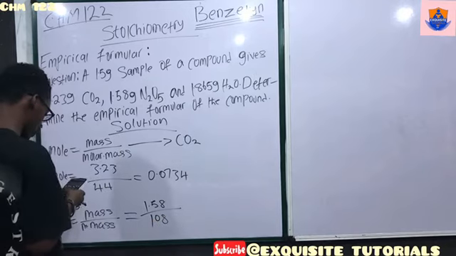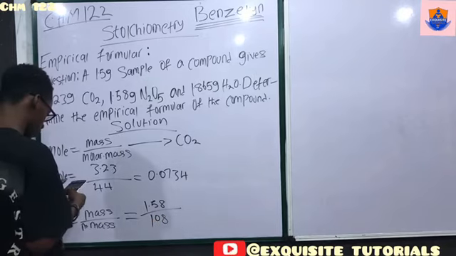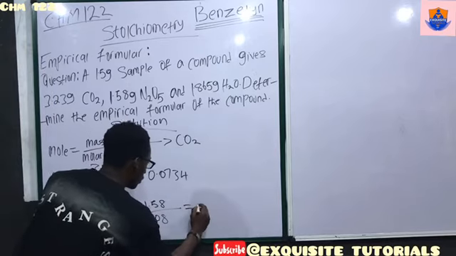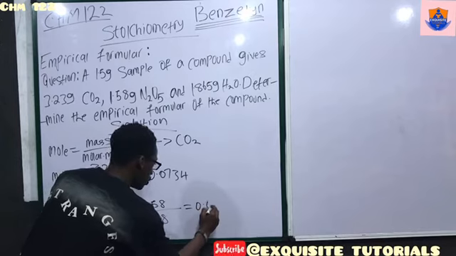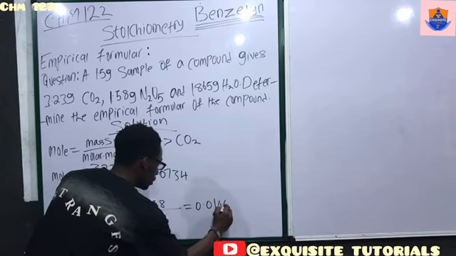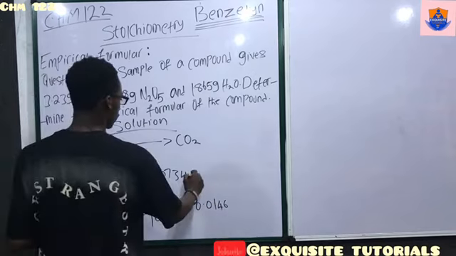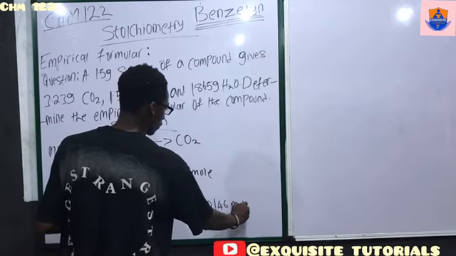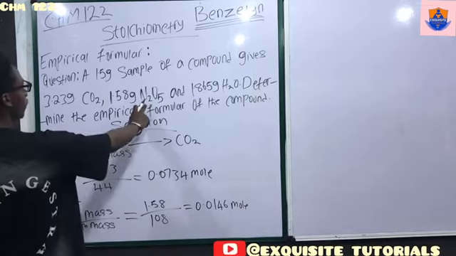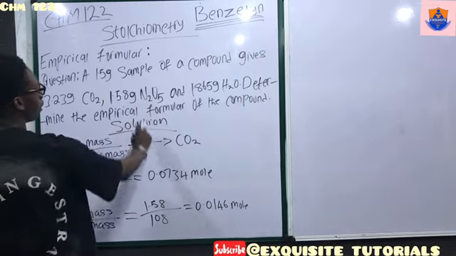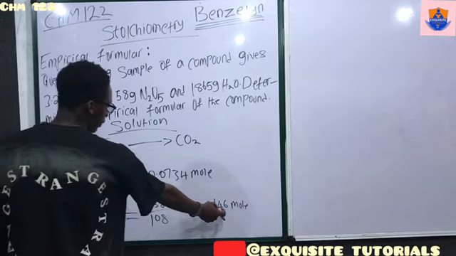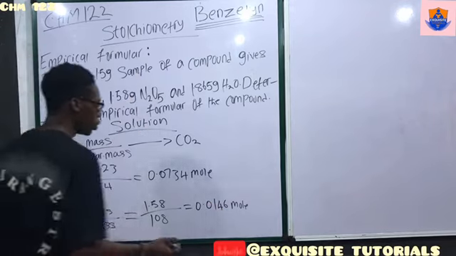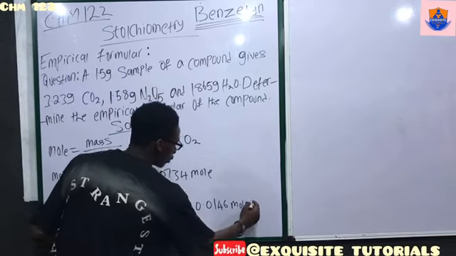So we have 1.58 over 108, which is 0.0146 approximately. Now nitrogen has an atom of 2 here, so we're going to multiply the moles by 2 to get the mole of nitrogen in the compound.